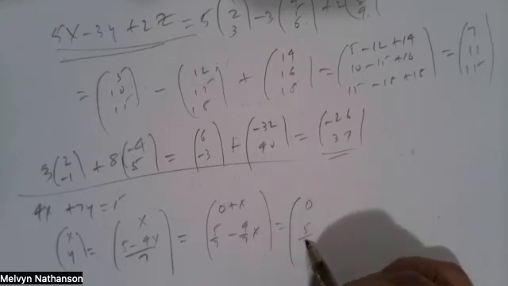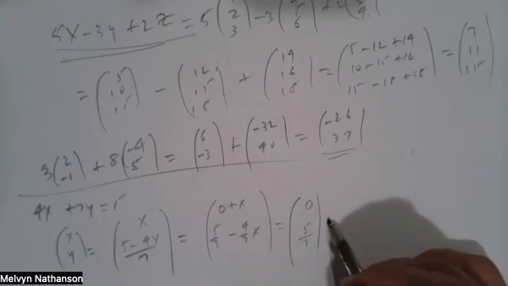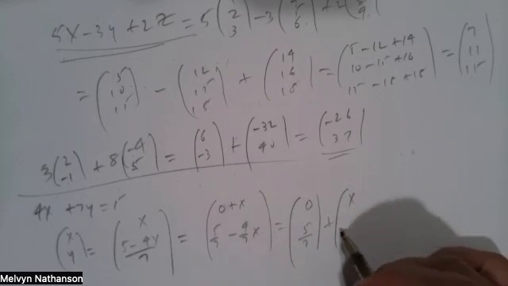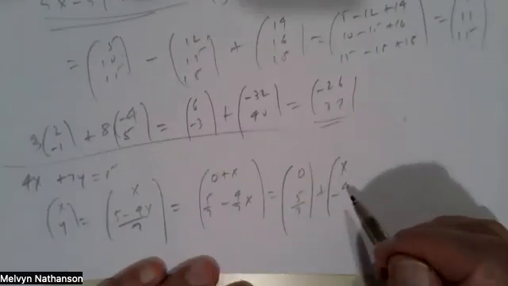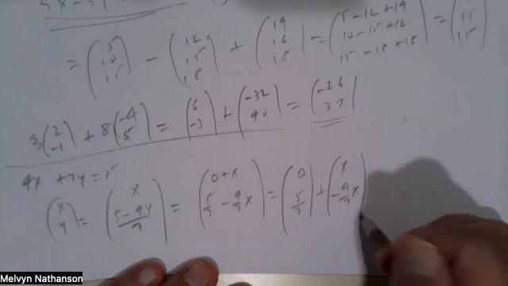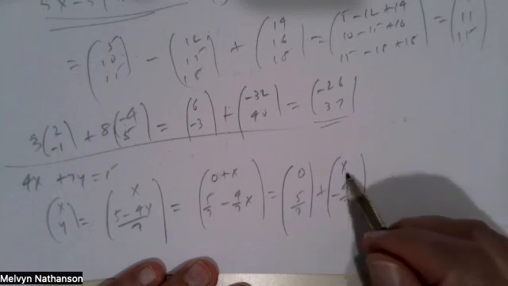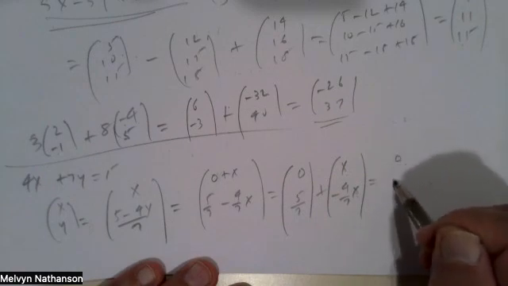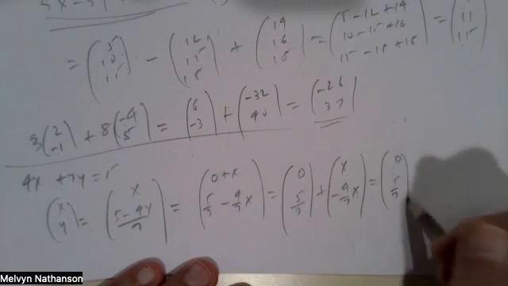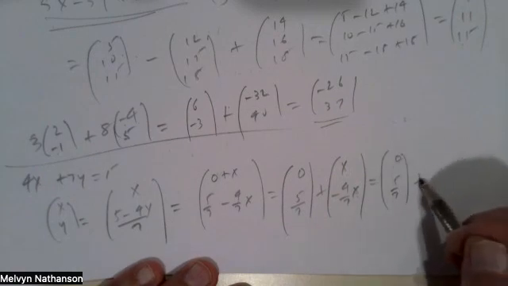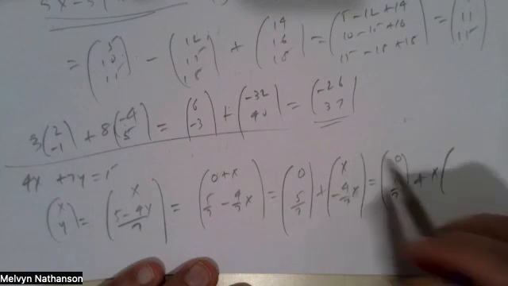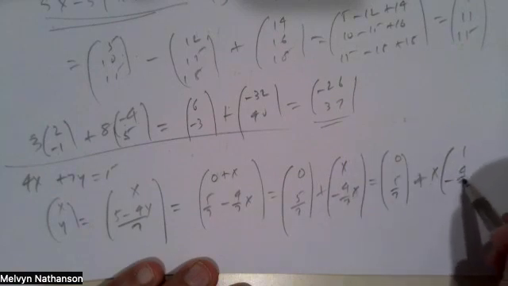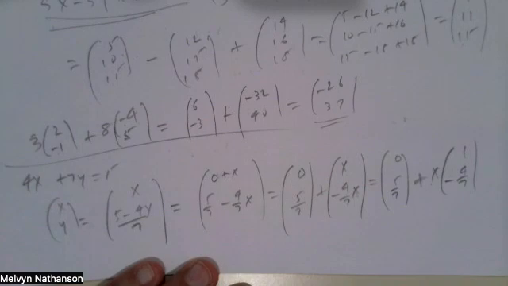The constant vector 0, 5/7 plus the vector x and minus 4/7 x. And x is a scalar. I could factor it out of this vector. This is the vector 0, 5/7 plus x times the vector 1, minus 4/7.